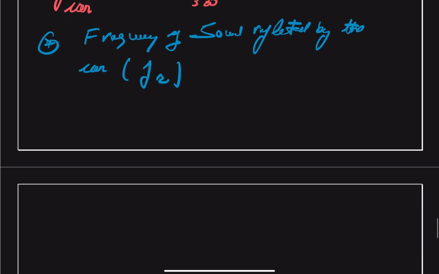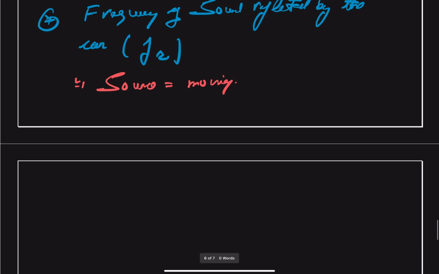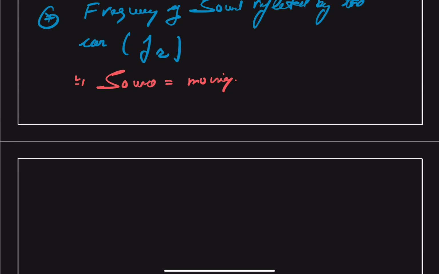So in this case, the car reflects the sound it received, so it is going to act now as a moving source. So now we have a source which is moving, and therefore we can write the equation that frequency reflected is equal to frequency of the car times velocity of the sound divided by (velocity of the sound minus velocity of the car).